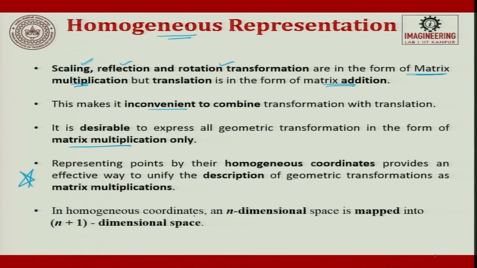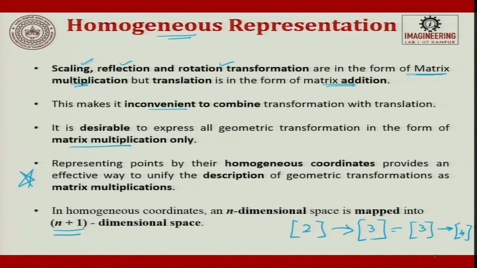In homogeneous coordinates, an n dimensional space is mapped into n plus 1 dimensional space. This is what homogeneous representation is. If you have 2 cross 2, you will try to write it as 3 cross 3, and you will represent 3 dimensional as 4 cross 4.